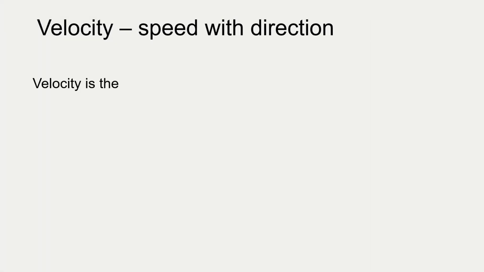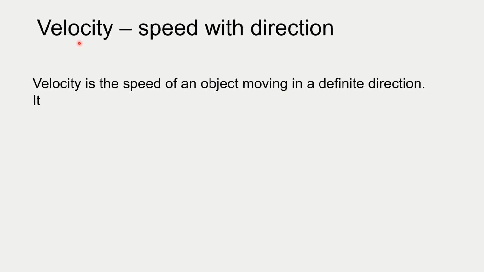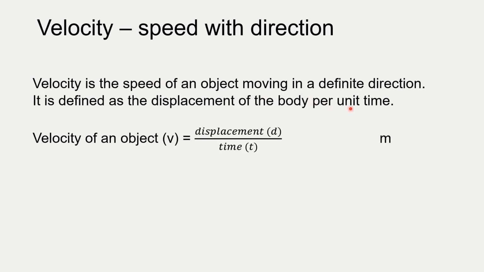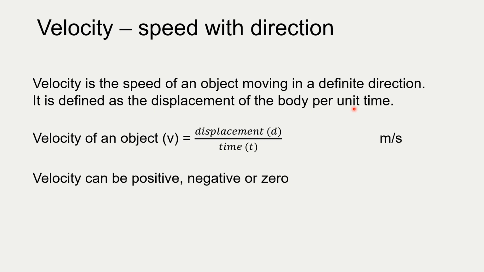So now that you know what is speed, let us discuss what is velocity. Velocity is speed with direction. It is the speed of an object moving in a definite direction. It is defined as the displacement of the body per unit time.